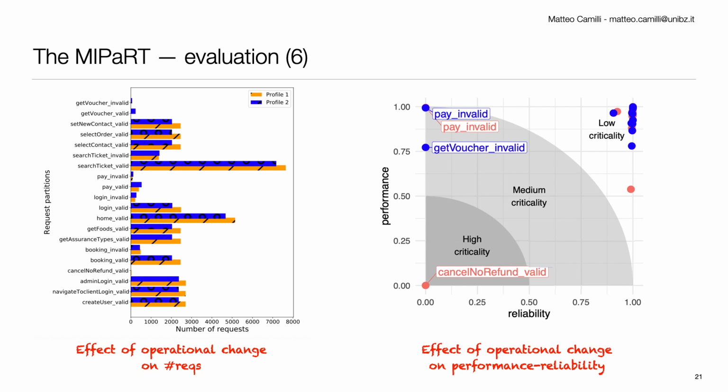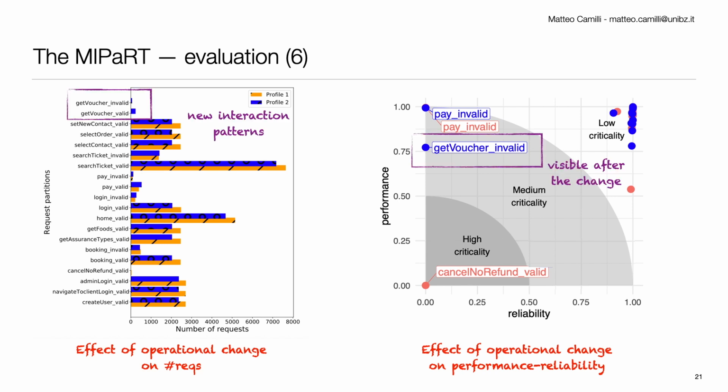On the left side, we can see the effect of the operational change on the number of issued requests for each input class. And on the right side, we can see the effect of the operational change on the performance and reliability estimators. We can see, for instance, that after the change, the get voucher invalid class has 0.75 performance and very low reliability. We can also see that some issues remain, and this is due to some similar interaction patterns for some of the classes, even with the operational change.